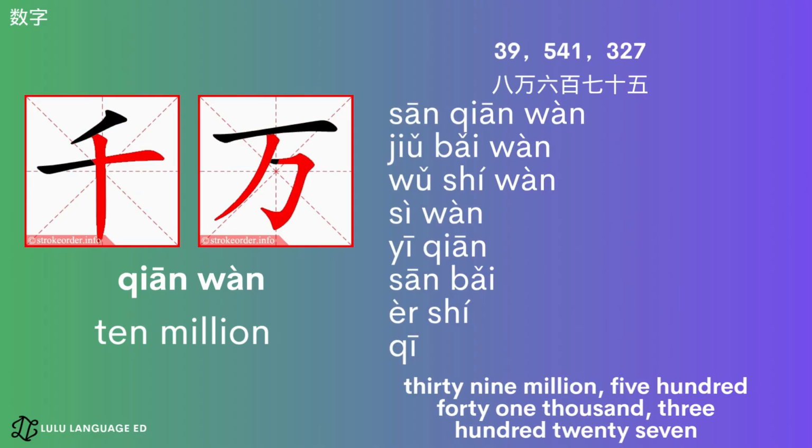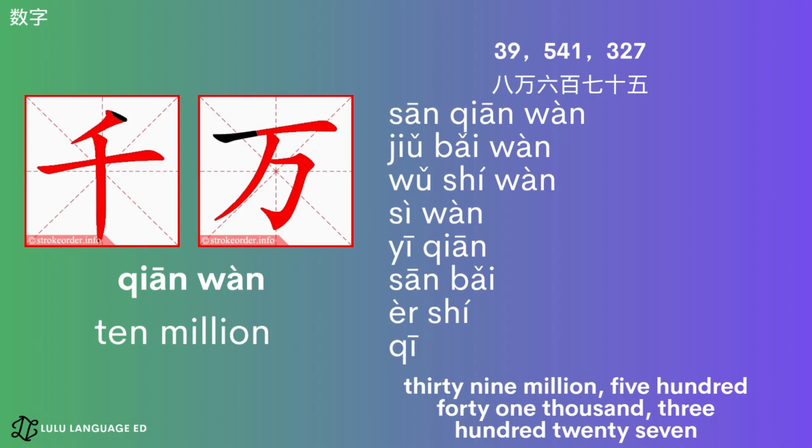Okay, let's go to the next page. Let's say 39,541,327. So first, let's say 3 of 10 million, 30 million.